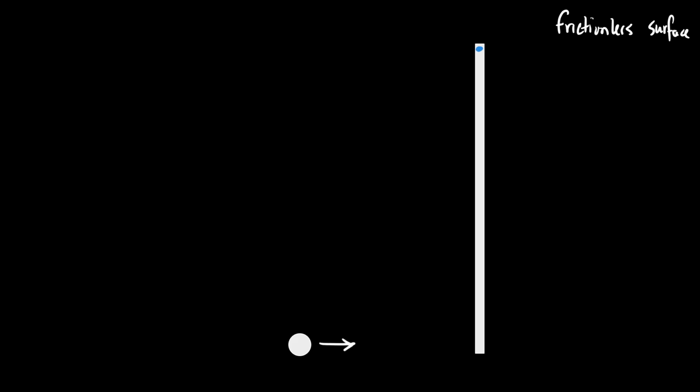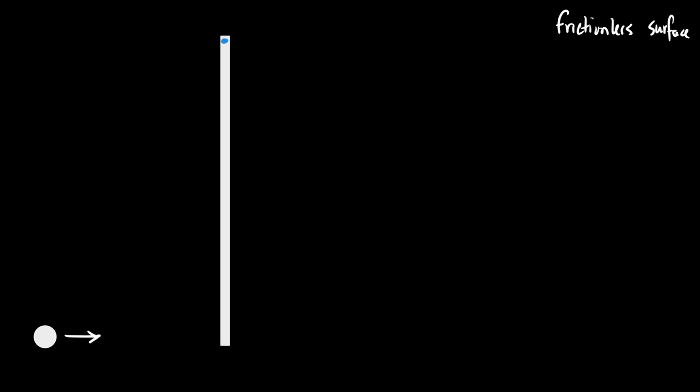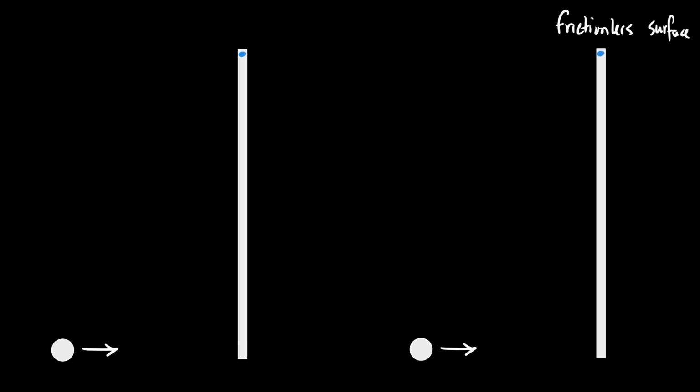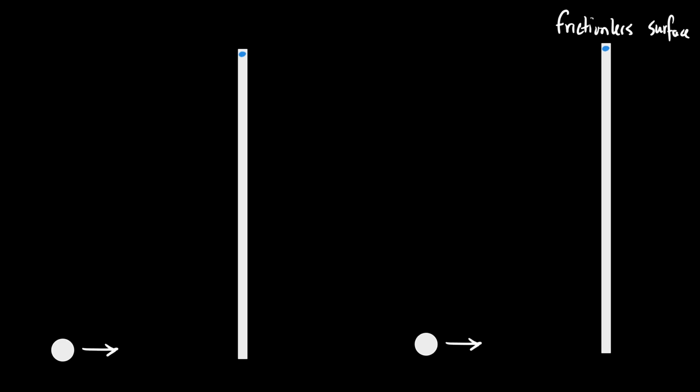Now, I do want to also point out a few other things. What if, instead of sticking to it, the object bounces off? So say we have something like this.